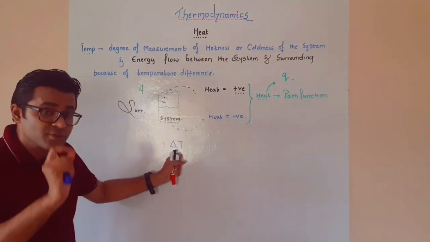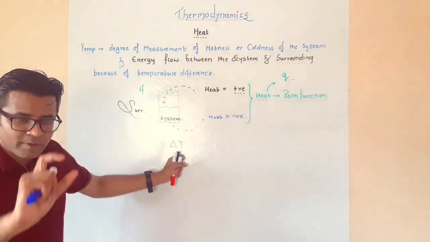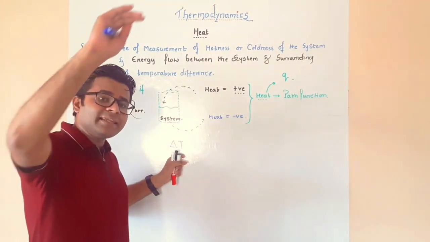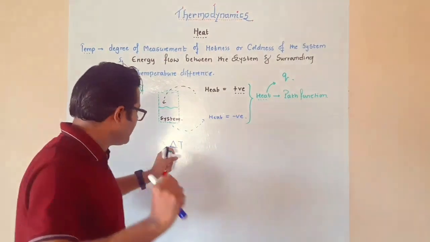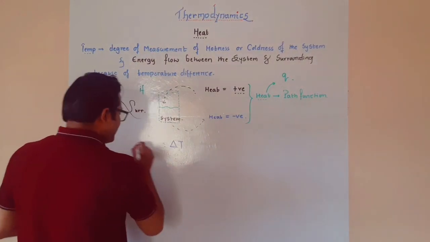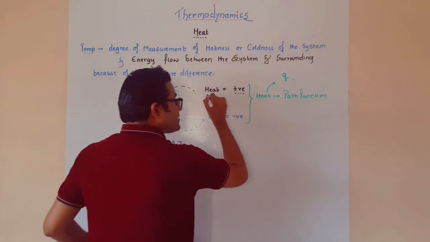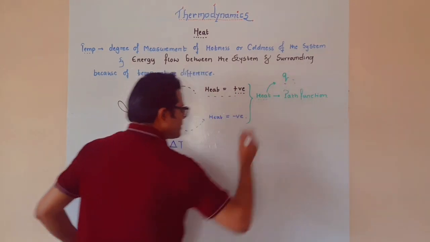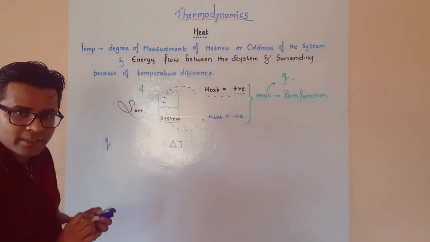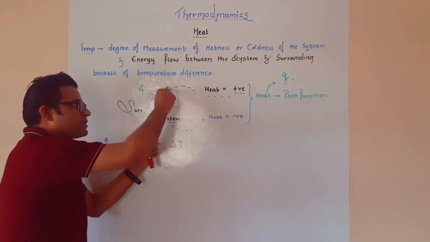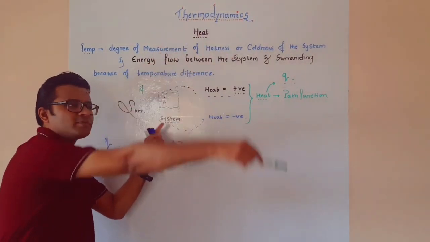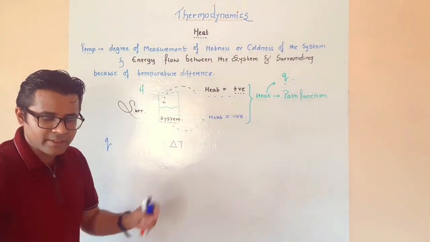Delta T refers to the change in temperature when we consider the initial state and the final state of the system. If I write it over here, Q is nothing more than the heat energy. Q refers to heat energy that has been transferred to the system or from the system to the surroundings, it doesn't matter.